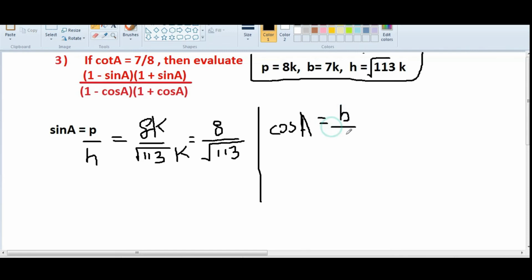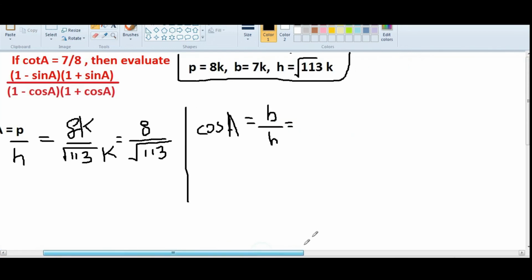It's base by hypotenuse. Base is here 7k, and hypotenuse is root over 113, and k is outside the root. So cos a will be 7 by root over 113. So we just got the values of sin a and cos a.